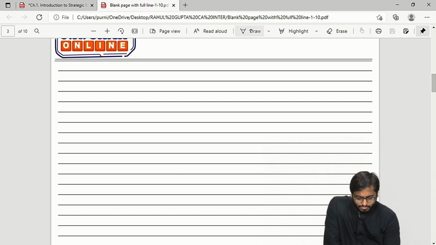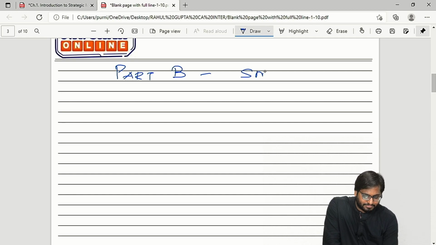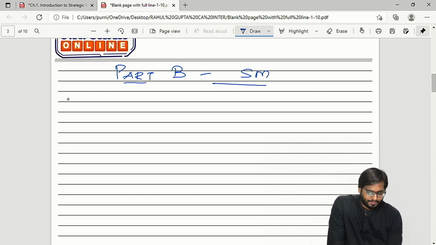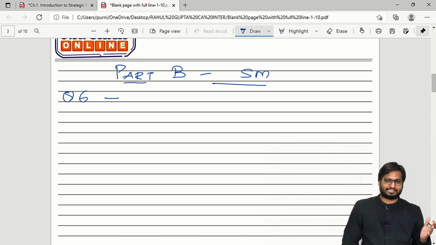Okay, so before we start, let's write the paper pattern for part B, that is SM. So whatever I am writing here is for SM. As I told you, question 1 to 5 will be EIS.